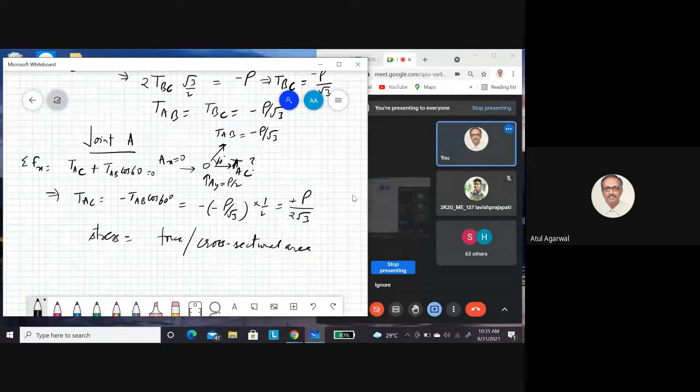When the internal force is positive, you call it a tensile stress. When the internal force is negative, you call it a compressive stress. Any doubts? No, sir, clear.